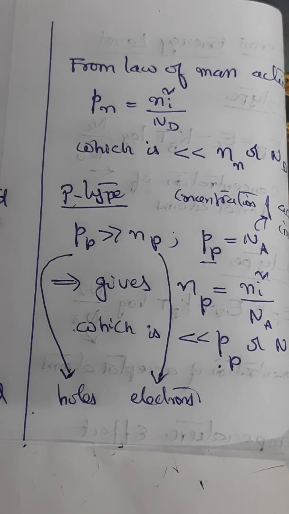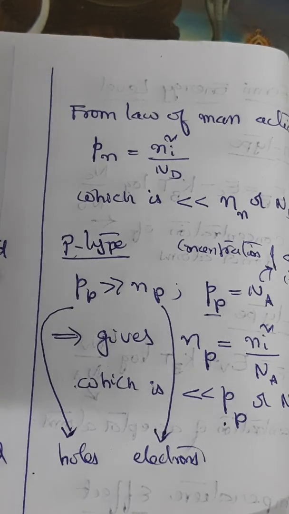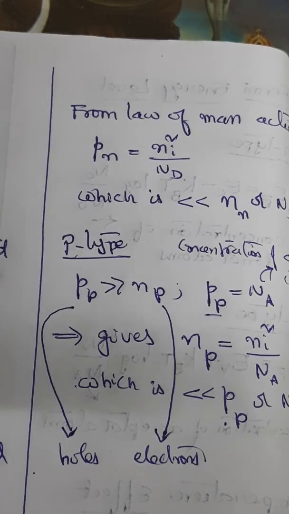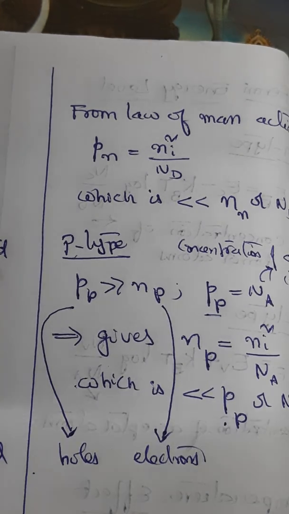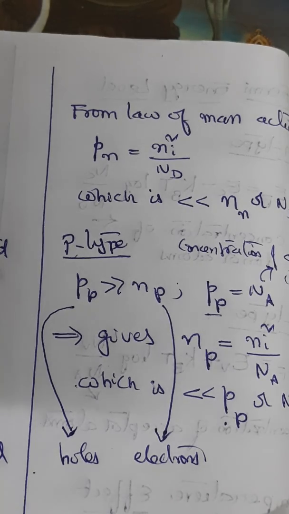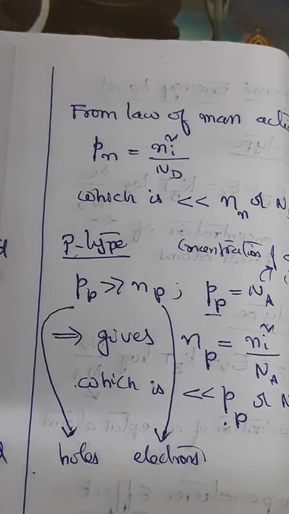So what I have done so far, I would like to summarize. In the current discussion, we tried to understand extrinsic semiconductors depending on the type of impurity added to the intrinsic semiconductor. We looked at n-type and p-type extrinsic semiconductors at different temperatures along with the energy band diagrams.